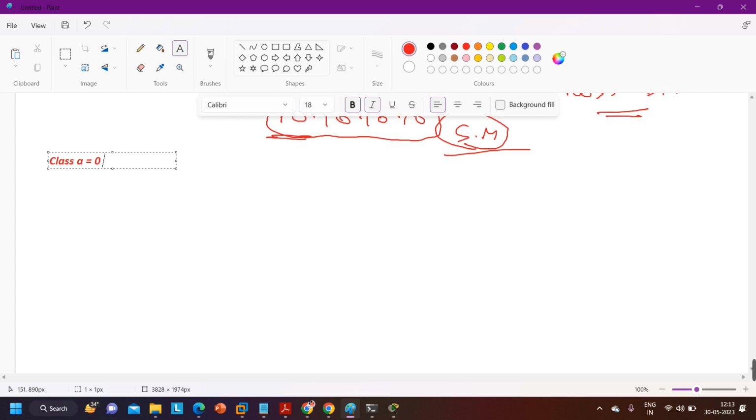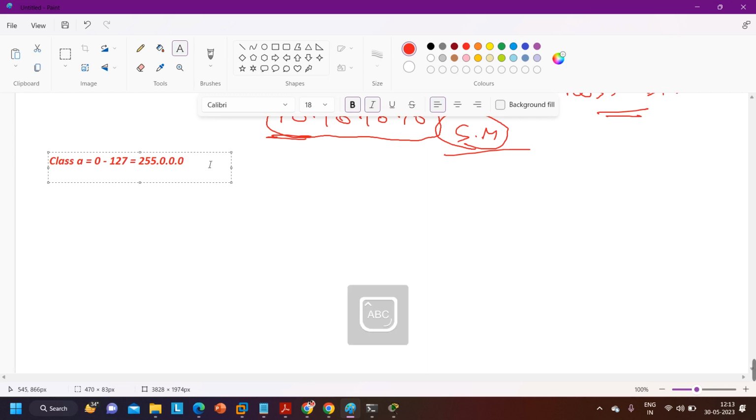First of all, the range is 0 to 127, and the subnet mask is 255.0.0.0. It means in class A there will be 8 network bits. 1 represents network bits and 0 represents host bits. So 255 means in the first octet all bits are 1, yes, in the subnet mask.